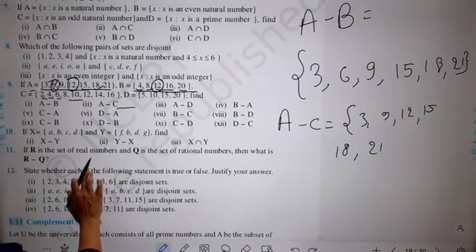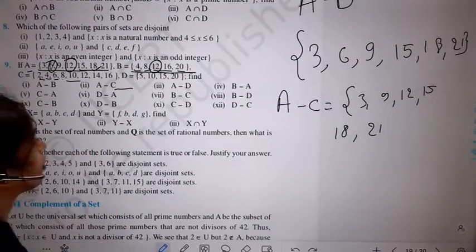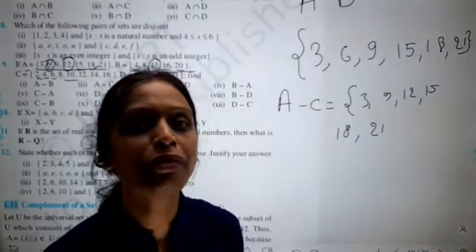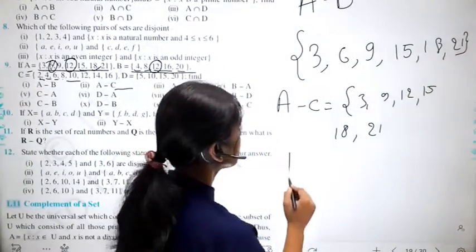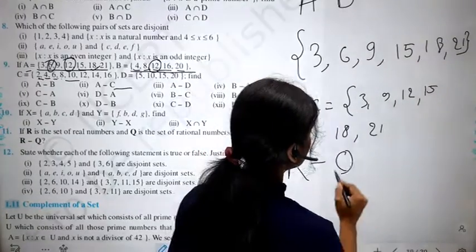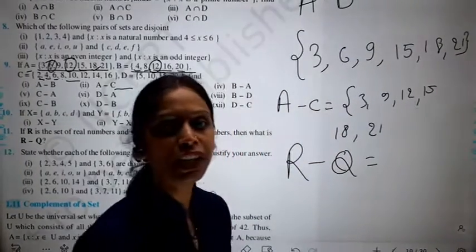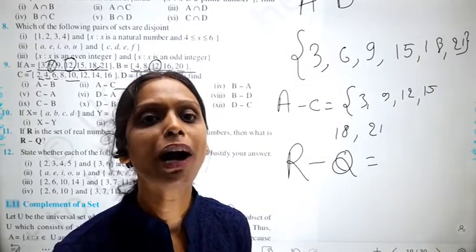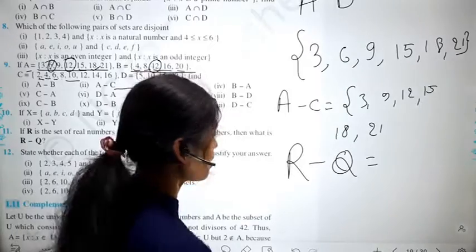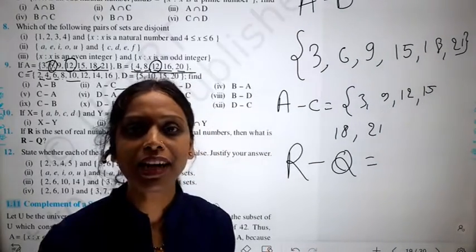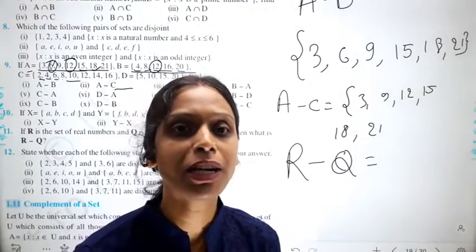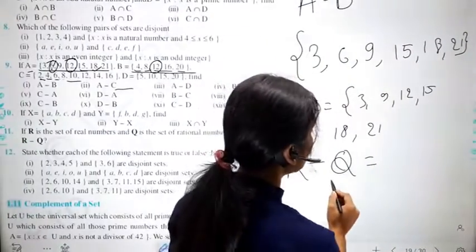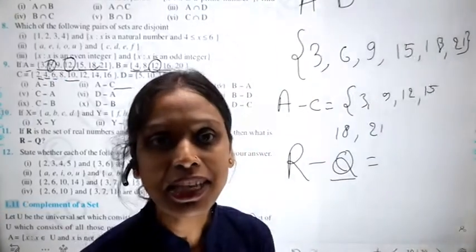Next one is R is the set of reals and Q is the set of rationals. Then what is the difference R minus Q? Then you know that reals are divided into two parts. First is rational and second is irrational. And what is rational? Rational is a number that is expressed in the form of p by q where q is not equal to 0. It's called rational. And which one is irrational?